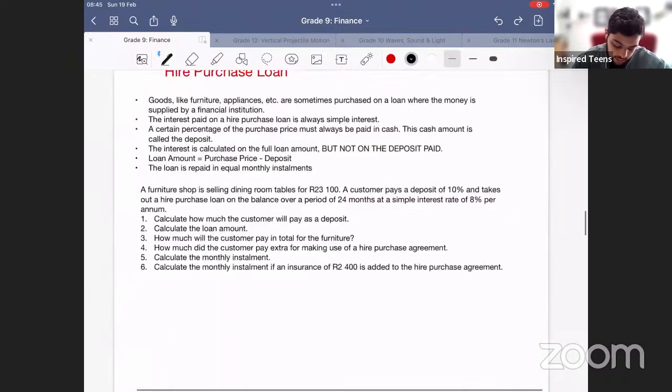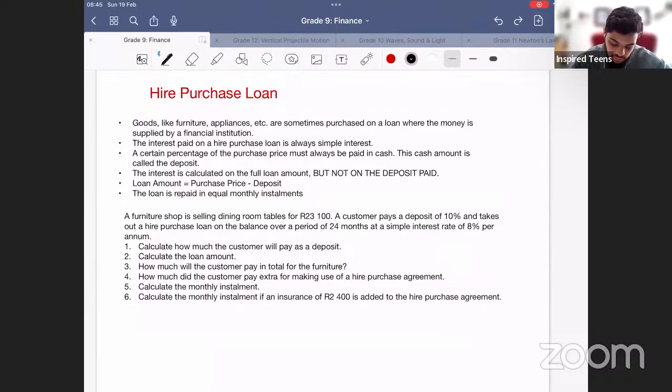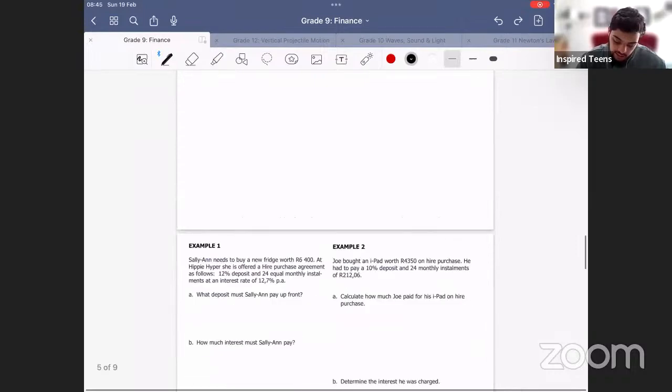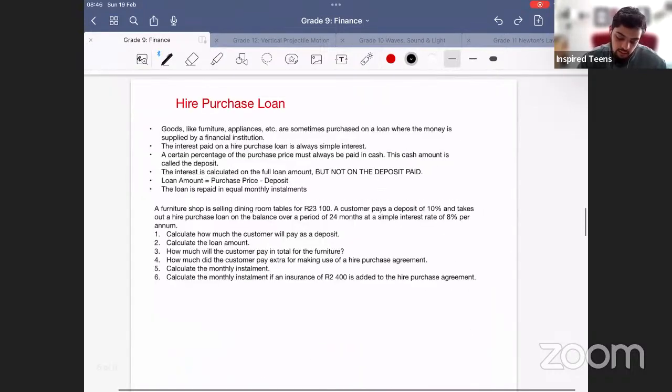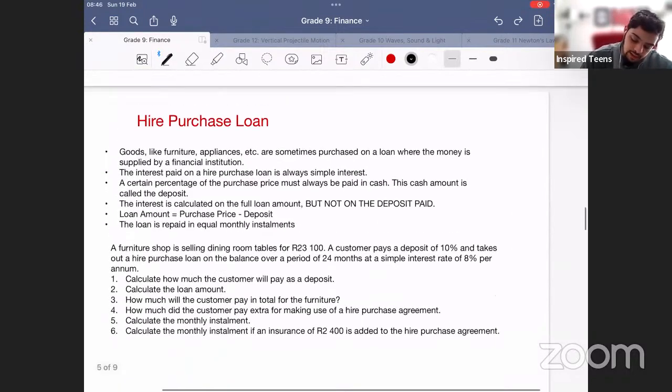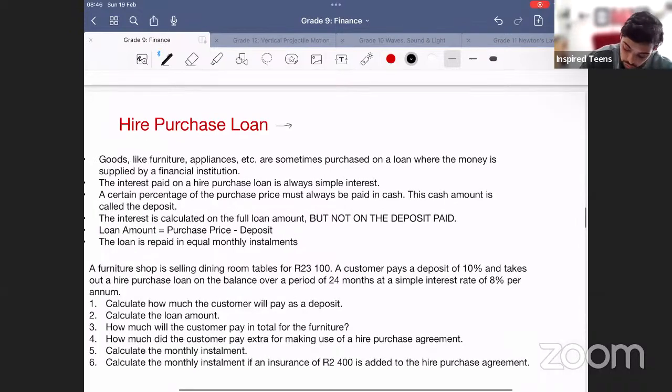Okay, let us look at a hire purchase loan. Hire purchase loans may differ slightly. Firstly, it's a loan, so when it comes to a loan, simple interest.